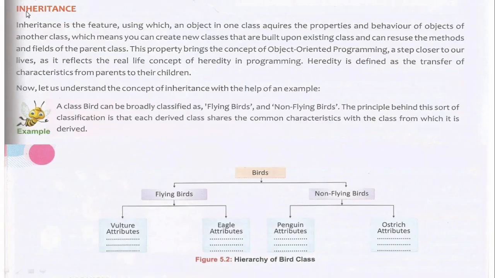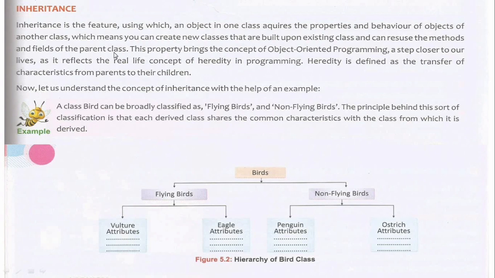Moving on to the next important feature of object-oriented programming, which is inheritance. Inheritance is the feature using which an object in one class acquires the properties and behaviors of objects of another class, which means you can create a new class built upon an existing class and reuse the methods and fields of the parent class.